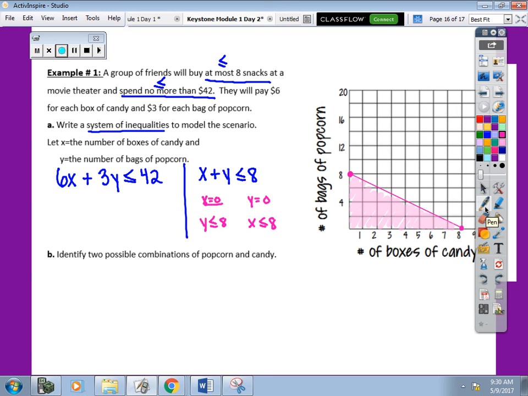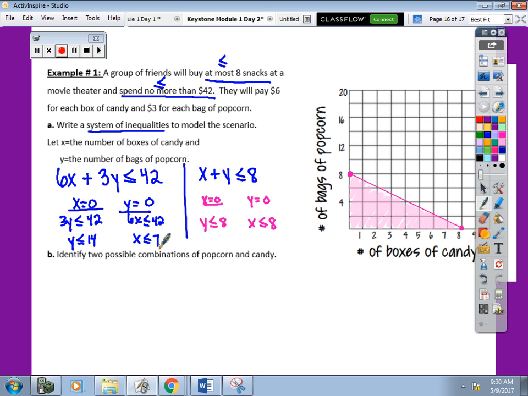Okay, now for the other one, I would do the same thing, plugging in my intercepts. So I'll do my x is 0 and my y is 0. So when I plug in 0 for x, I'll get 3y is less than or equal to 42. And that'll get me y is less than or equal to 14. When I plug in 0 for y, I'll get 6x is less than or equal to 42. Dividing by 6, x is less than or equal to 7.